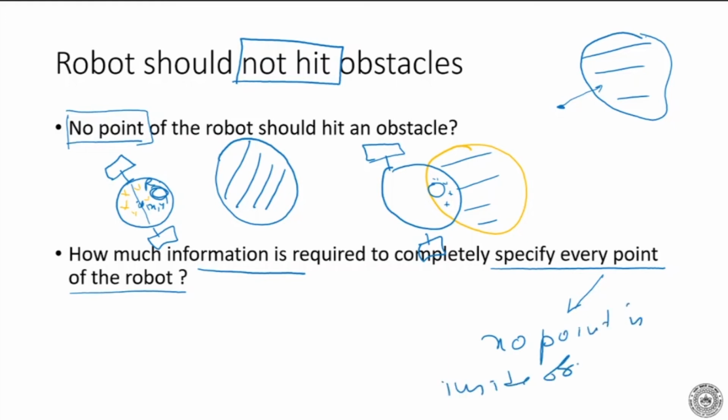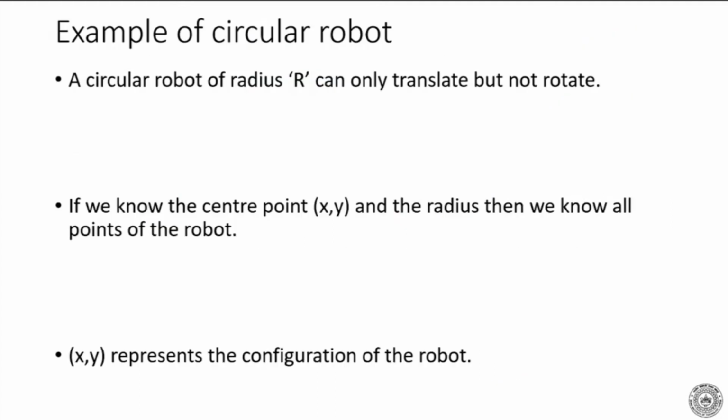Because we are ultimately going to check geometrically, right? So we'll see if there is any point of the robot inside the obstacle. And how do we do that? We check it geometrically. So let us take the example of a circular robot. We'll come to arm manipulators a little bit later because they are a little bit more tricky.